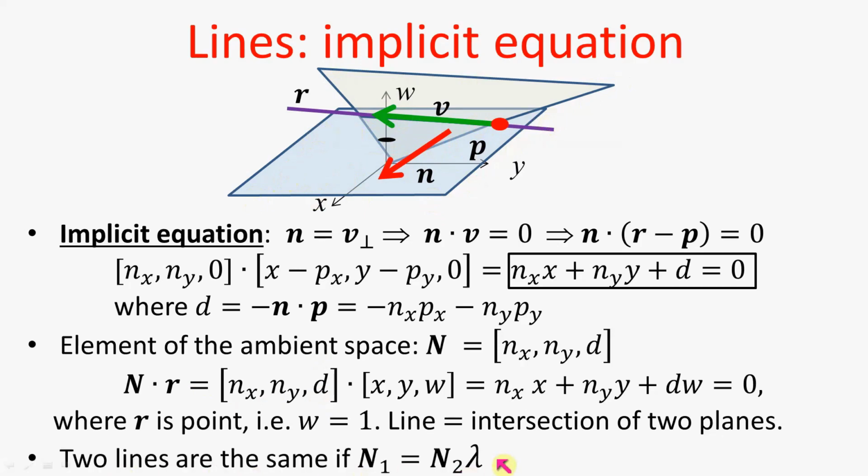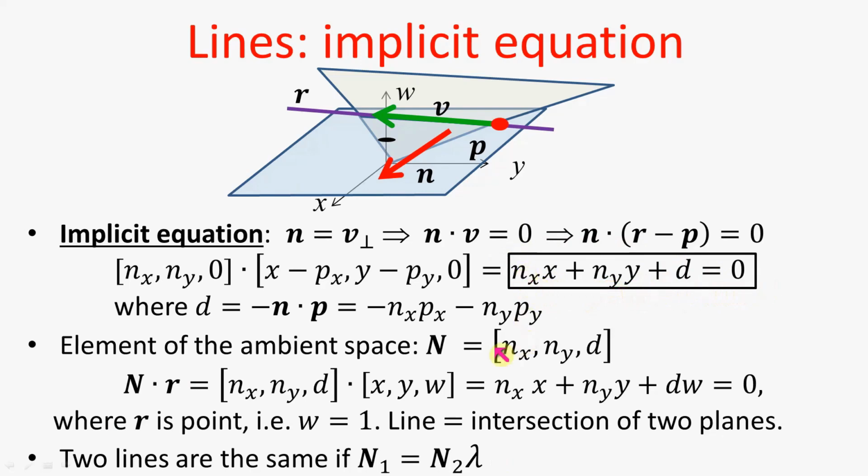Finally, we call two lines identical if the same set of points belong to the two lines. Looking at the equation of the line, obviously the roots, the x-y pairs, wouldn't change if we multiply both sides of this equation by an arbitrary number.